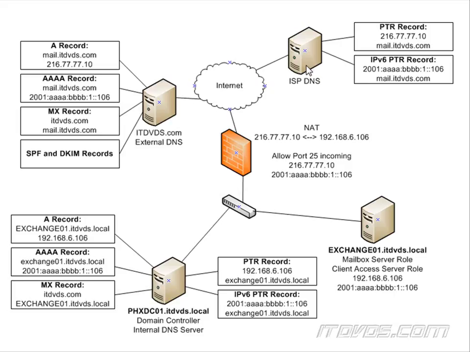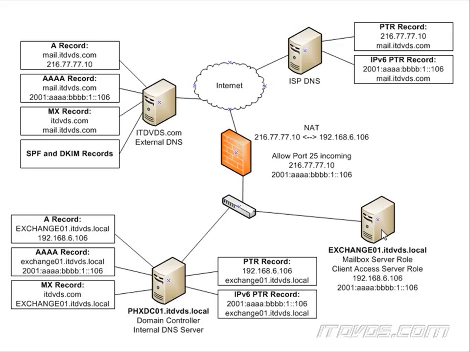And initially we're going to set this up as if our Exchange server here, Exchange 01, is going to have our mailbox server role and our client access server role. This is actually going to do the sending and receiving of email from the internet. So when another mail server sends an email to like Joe at itdvds.com, it's going to be sent through the internet, go through our firewall, and go to our Exchange server directly.